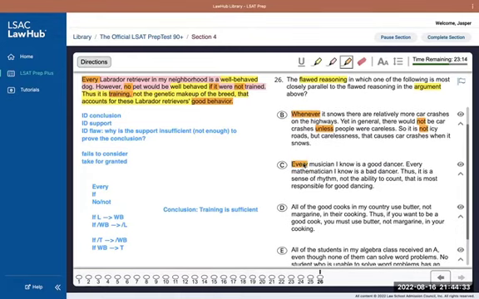We have every musician I know, and then every mathematician I know is a bad dancer. This one right away is looking problematic, right? So if this were similar to the original, it would probably say something like, every Labrador Retriever in my neighborhood is a well-behaved dog. However, every German Shepherd in my neighborhood is not a well-behaved dog, right?